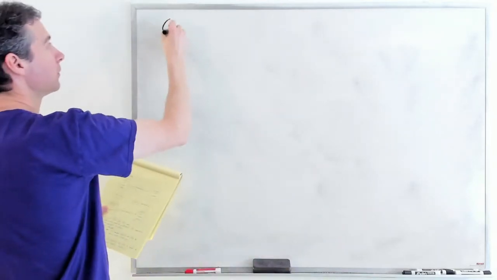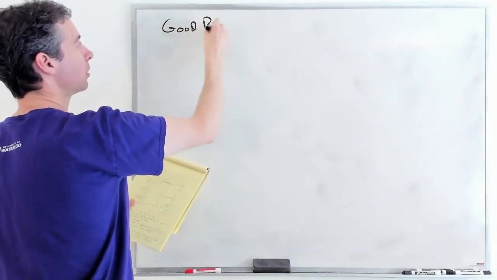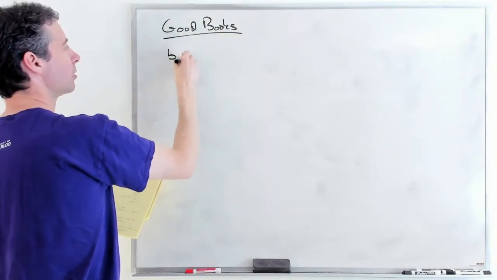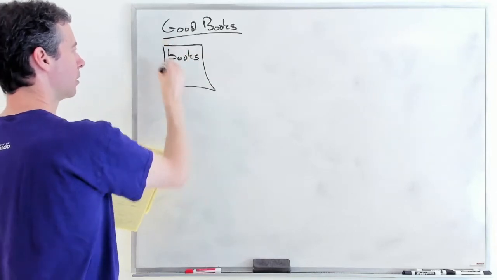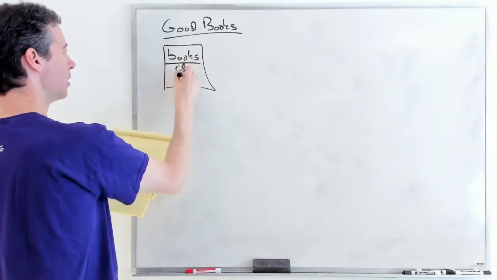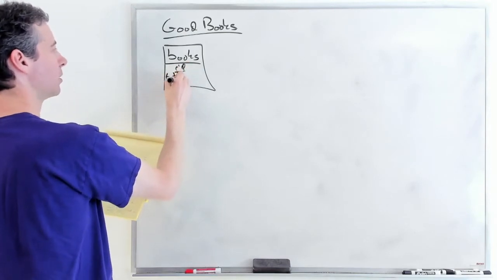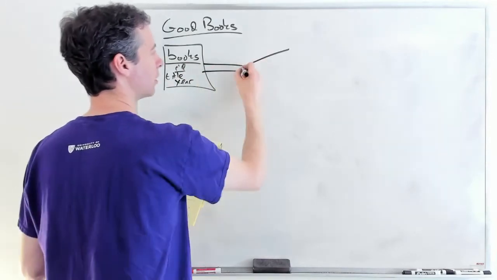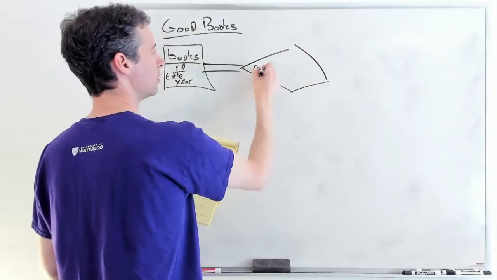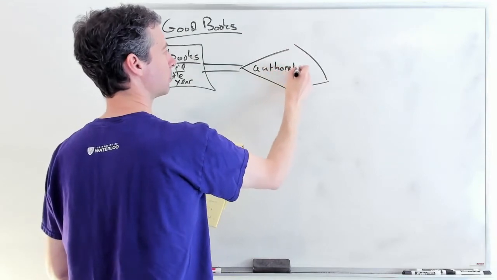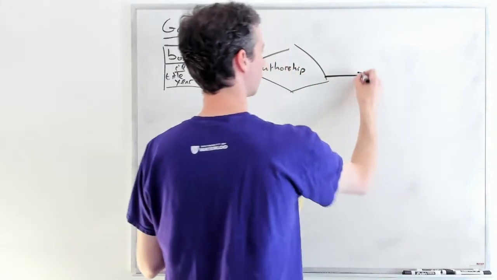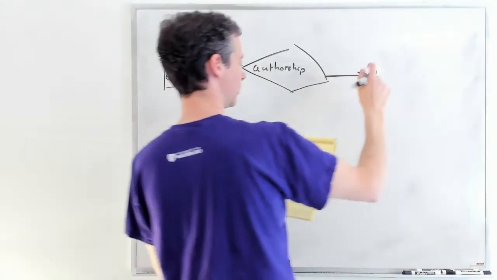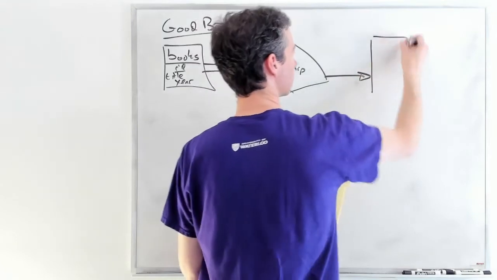So on homework 7, we had our good books schema. And so we had books here, and they have an ID and a title and a year, and they have a complete participation in authorship, and for every book there is a single author.